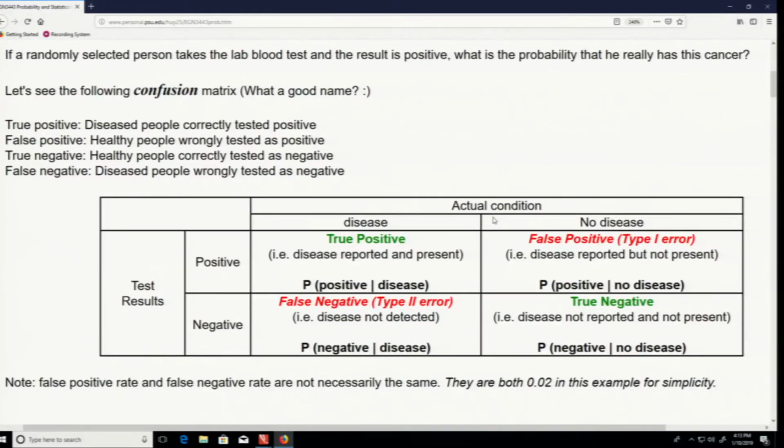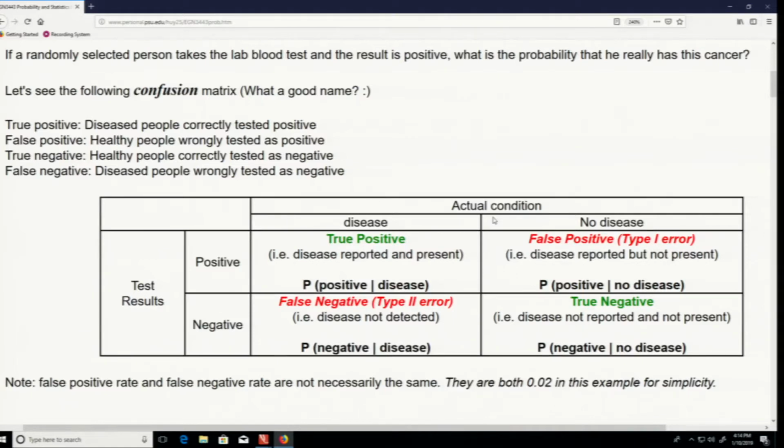So this is called a confusion matrix. For those who are going to do the healthcare, this may be useful. True positive is diseased people correctly tested positive. False positive, healthy people wrongly tested positive. True negative, healthy people correctly tested negative. False negative, diseased people wrongly tested negative.